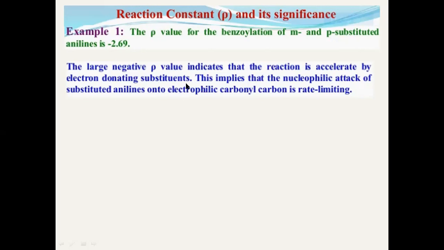And what do the electron donating groups do? Since rho is negative, if electron donating groups are attached to the para substituted aniline, they will increase the rate of reaction. Hence we can say that if the aniline has para and meta substituents which are electron donating, only then the rate will be increased.